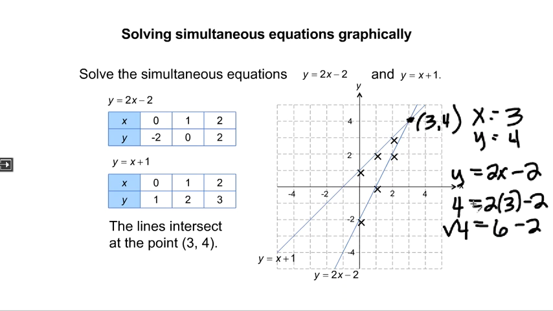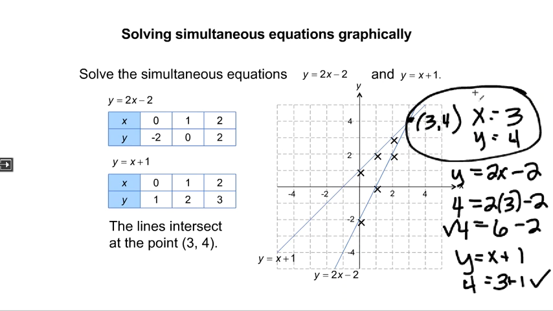And then we check the second one, y equals x plus 1. So does 4 equal 3 plus 1? Yes, I don't have to do any extra work. I know that's true as well. So once you check that these numbers right here make both of your equations true, you know you have your answer.